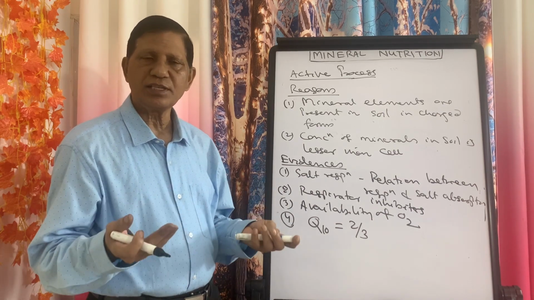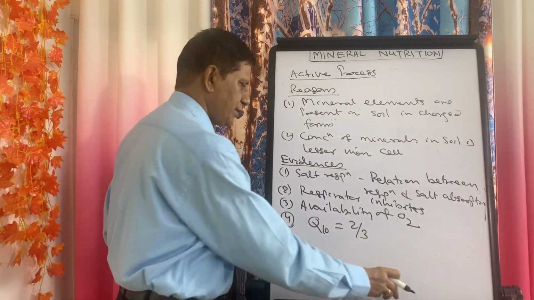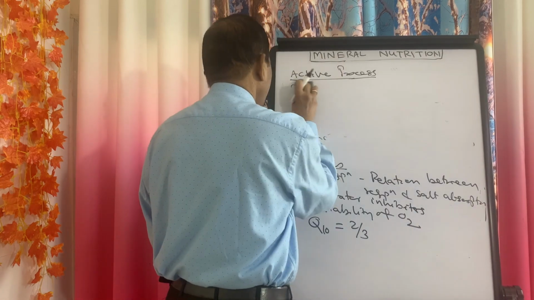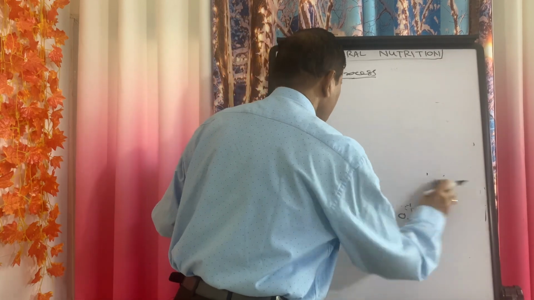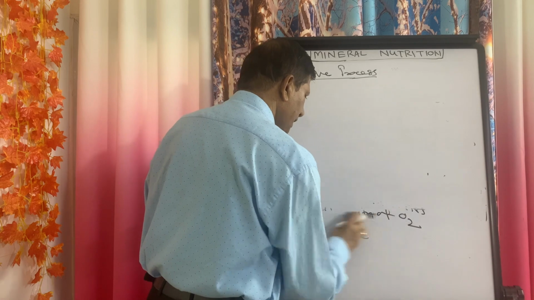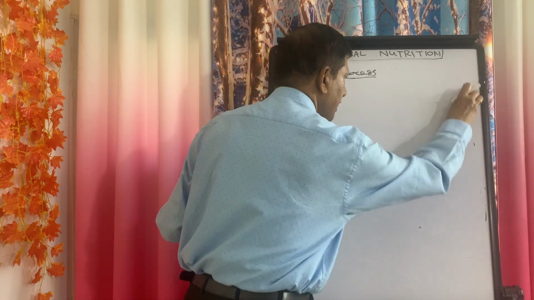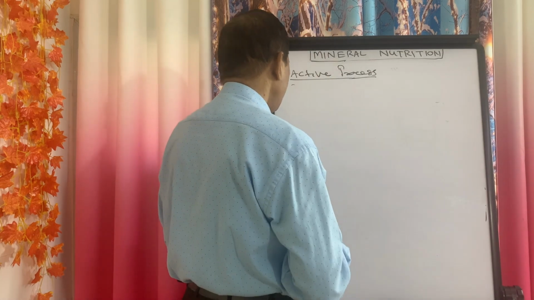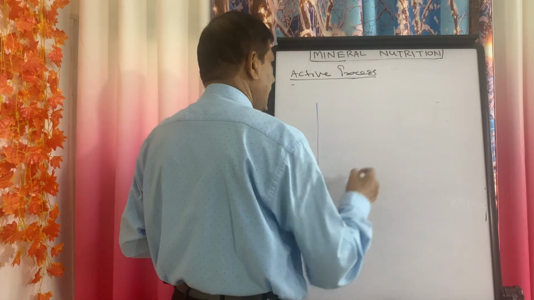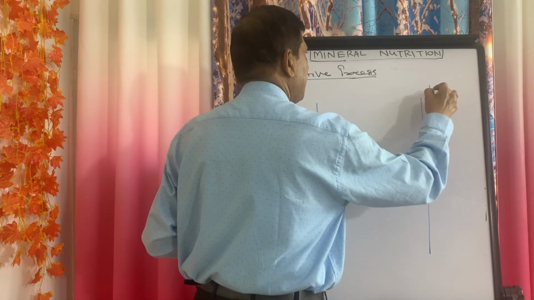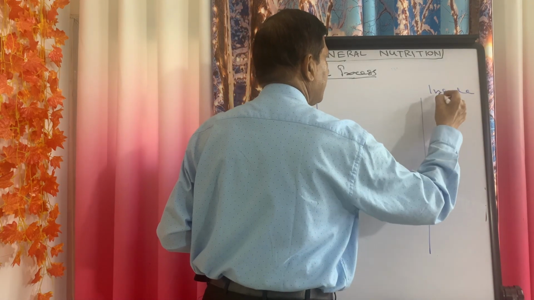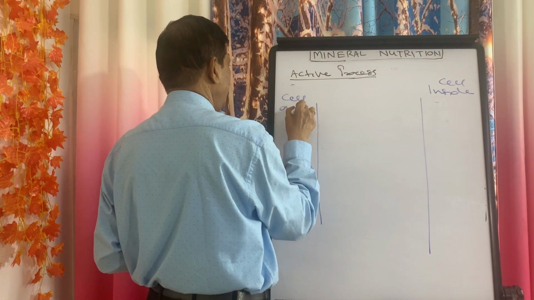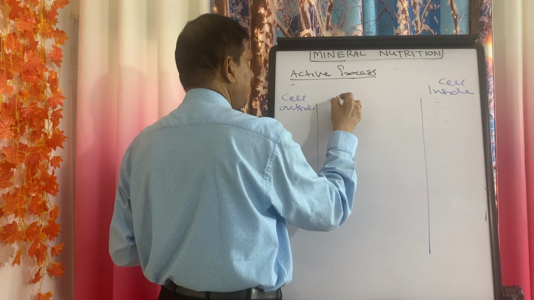But then let us see how it is actually taking place. The active absorption takes place with the help of some carriers, which are mostly the cytochromes. Suppose this is the cell inside, this is the cell outside, and this is the cell membrane.